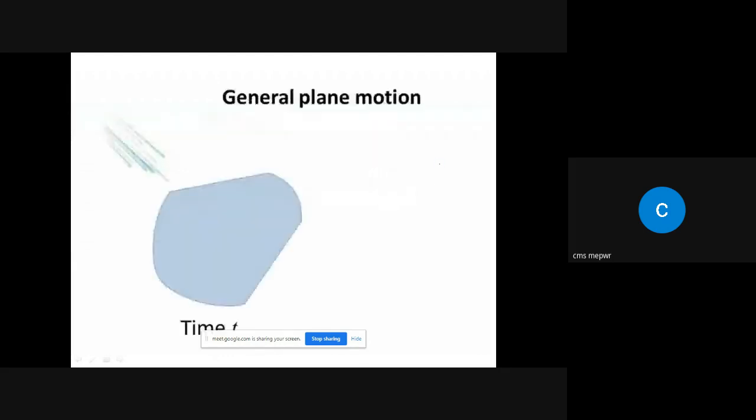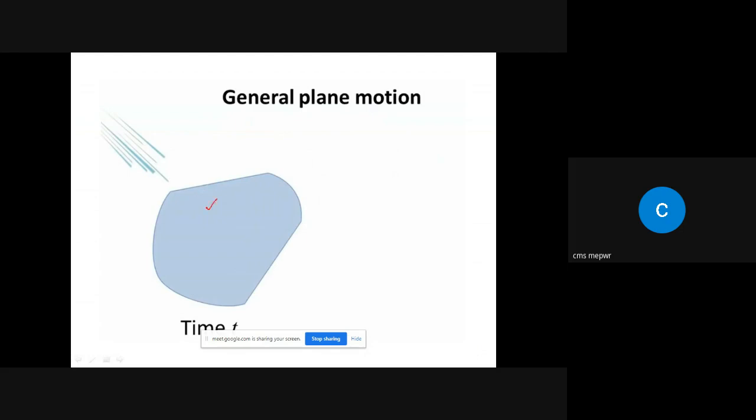To understand the general plane motion, if you remember, in the last class we discussed that general plane motion is basically a combination of translation as well as rotation. Let's say we have a rigid body, and at any instantaneous time or at any random time t, it moves from some other place to this current position.